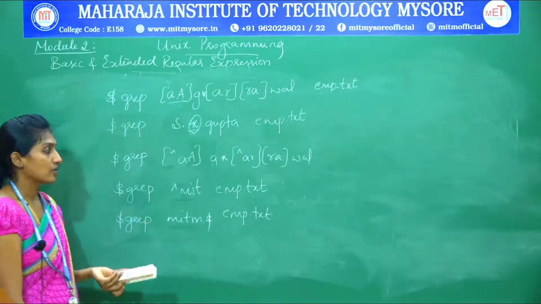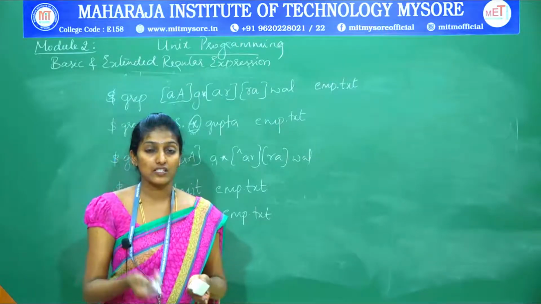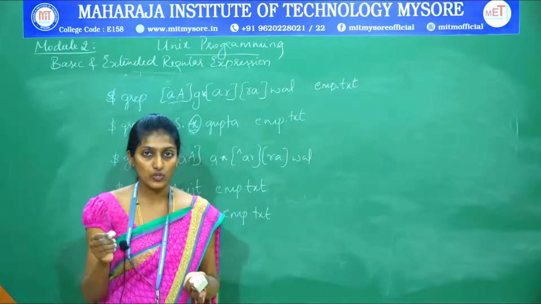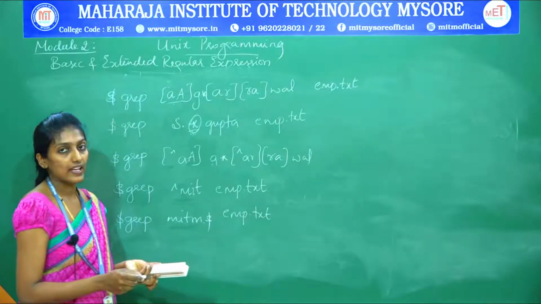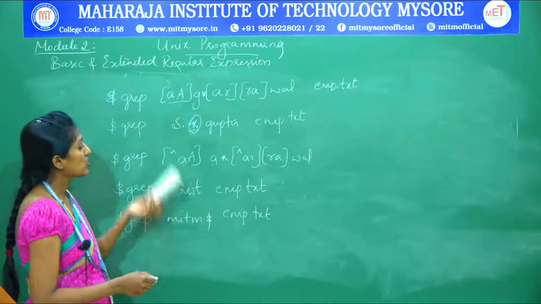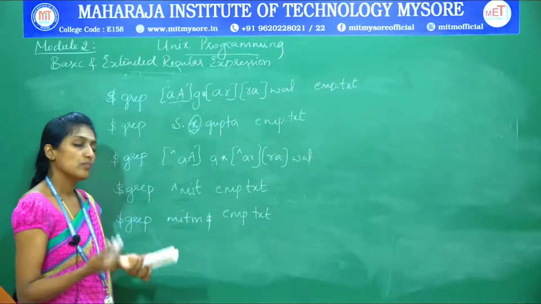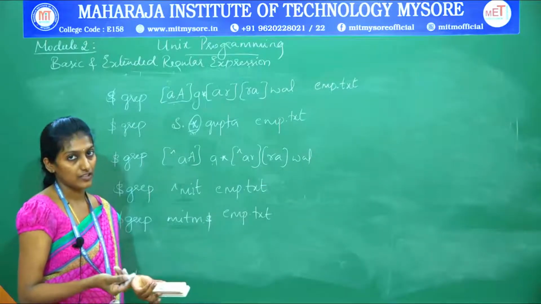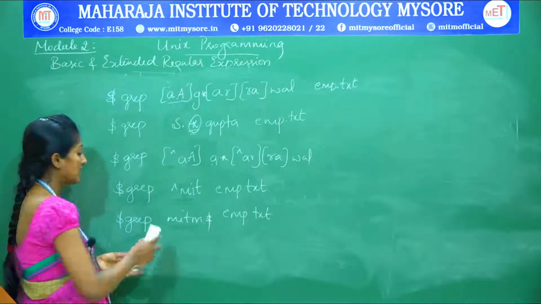Instead of using the -e option each and every time for matching multiple patterns, I can use this regular expression set, and I can match multiple patterns from the same file or from more than one file or from different files also. So that is what this basic regular expression set does.